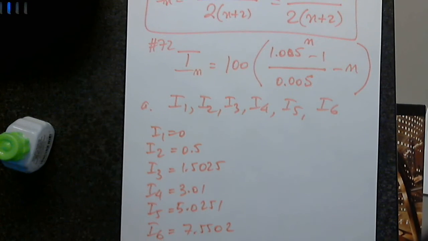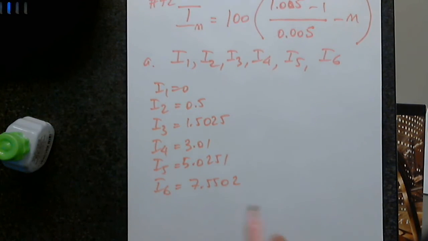Find the amount in the account after 3 years. Oh, I'm sorry, I was reading from a different problem. Find the interest she has accumulated after 5 years. So n in this problem is in months.